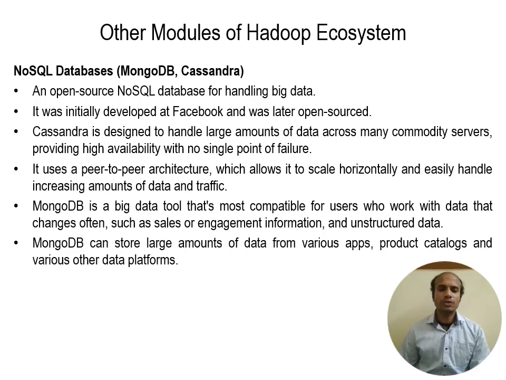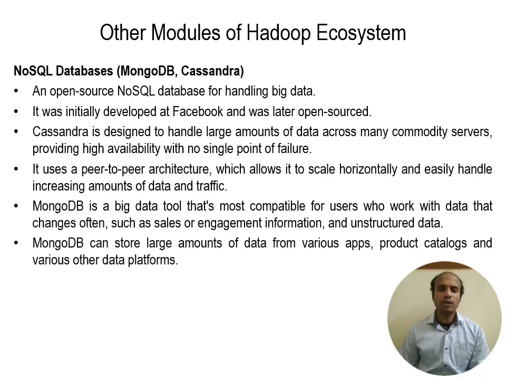One is NoSQL databases like MongoDB or Cassandra. Cassandra is an open source NoSQL database for handling big data. It was initially developed at Facebook and was later open sourced.